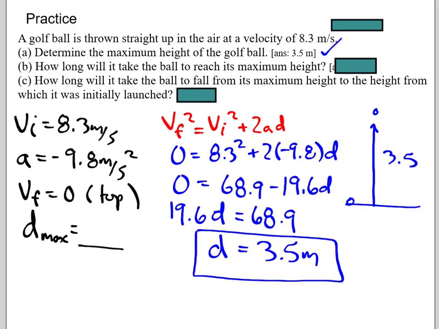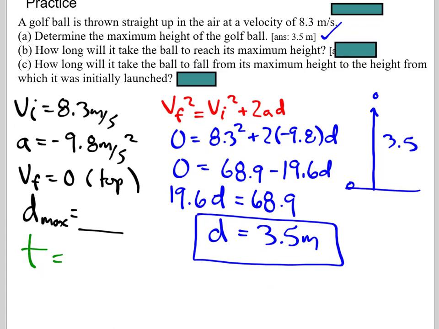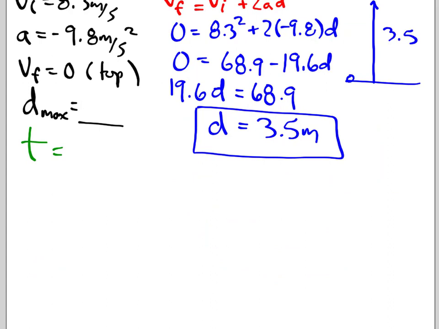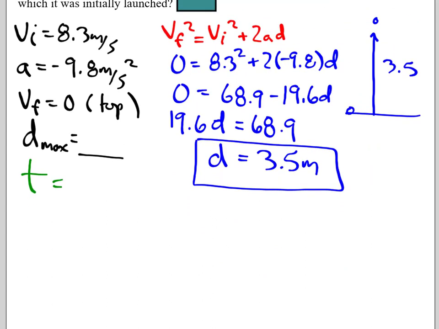How long will it take the ball to reach its maximum height? So now we're looking for t. Okay, so we can use some of that information we were given at the start. Again, if I can, I want to avoid using the calculated values. I sometimes won't be able to, but I'm going to try.